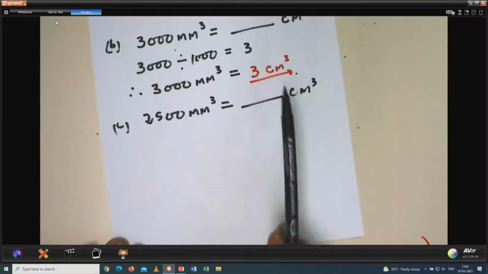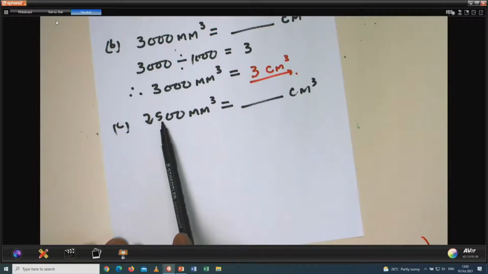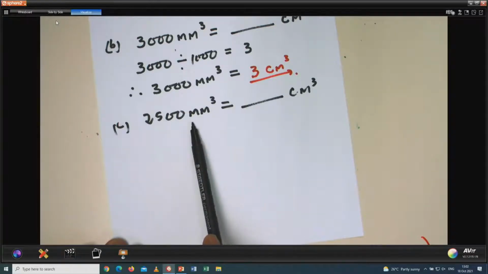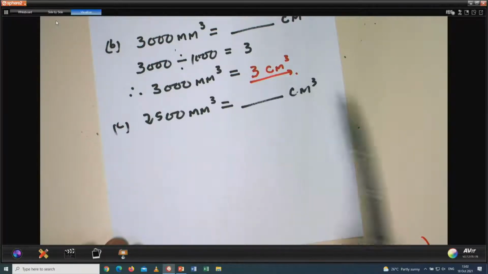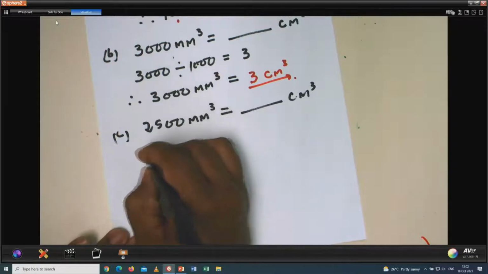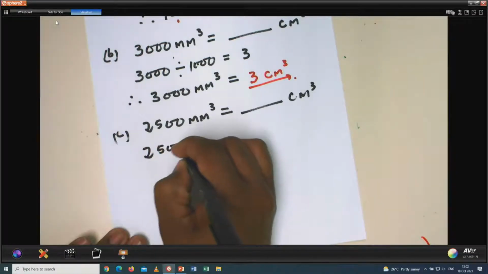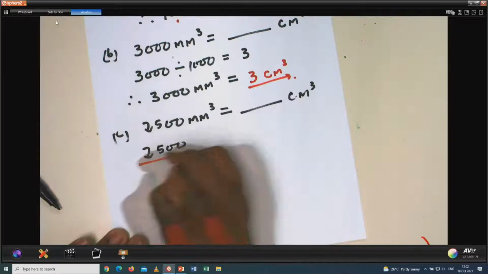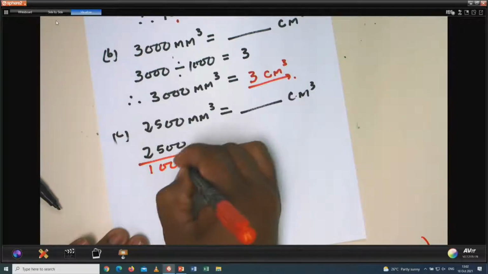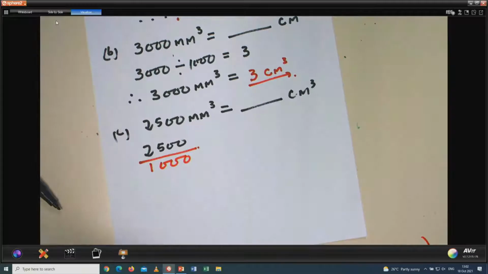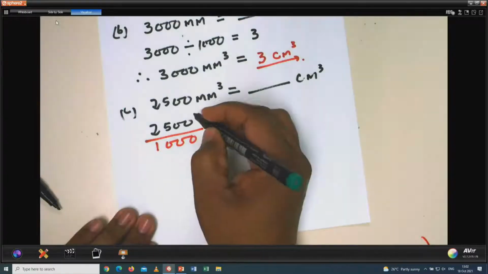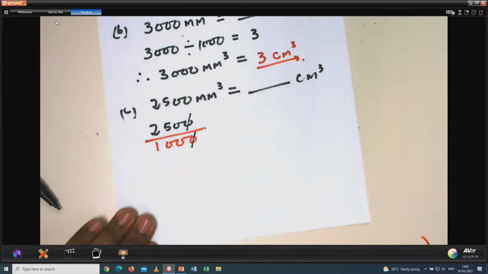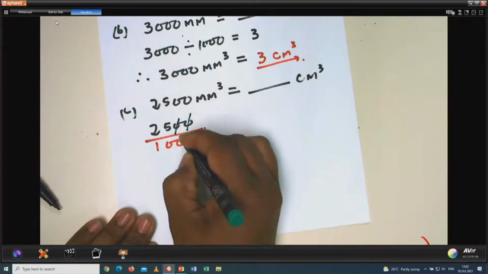Now have a look here. 2500 cubic millimeters will be equal to how many cubic centimeters? The same procedure. You can write it this way, divided by 1000, and let's do simple arithmetic. Take off the 0s to simplify this.